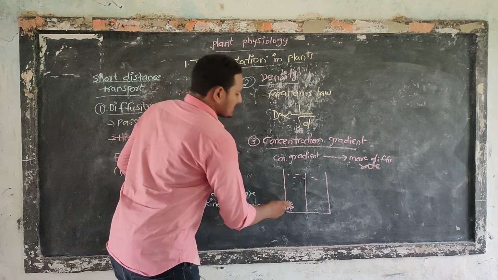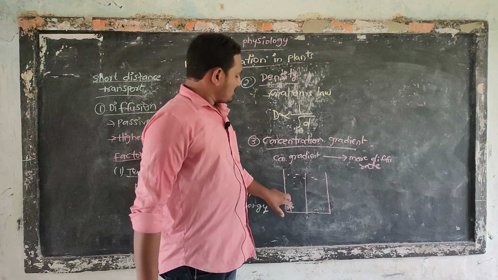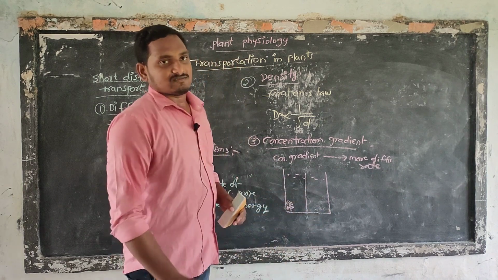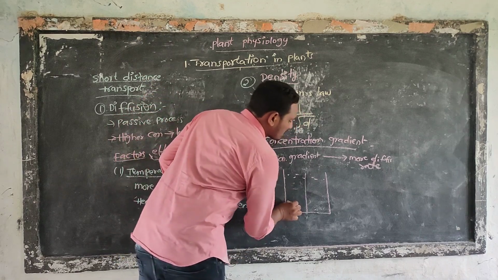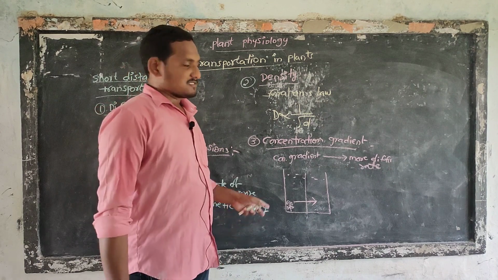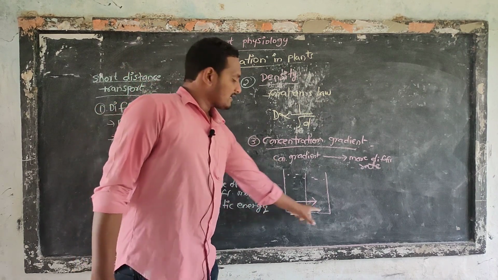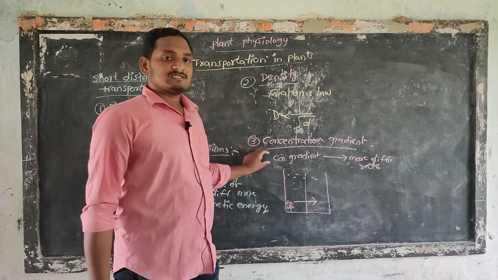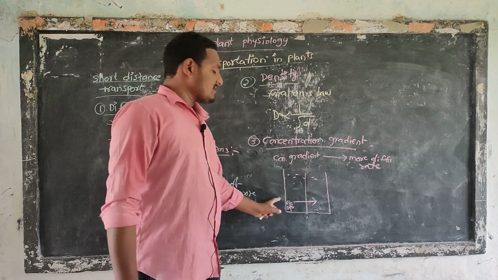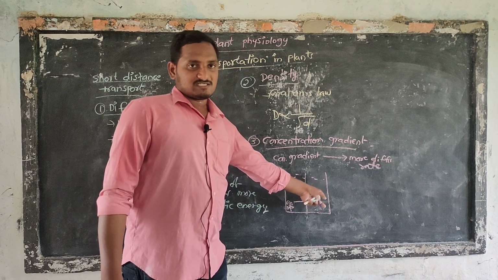In this region it is more concentrated because the pellets are present here. Here there is no concentration. That's why the molecules move from the higher concentration to the lower concentration. It means the concentration gradient is high here and low there, so the rate of diffusion is more.